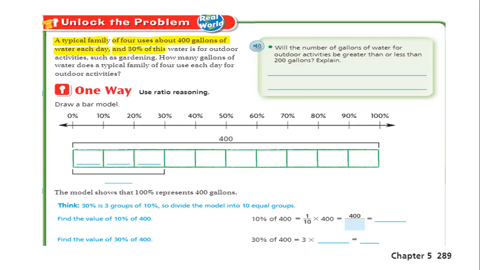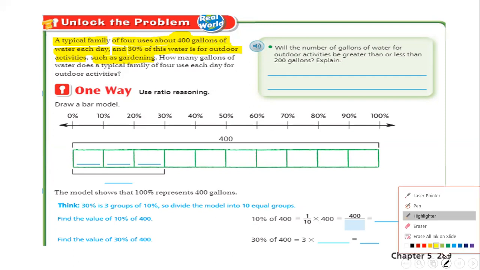And 30% of this water is for outdoor activities such as gardening. So 30% of this water, 30% of 400 gallons, for what? The question said 30%.